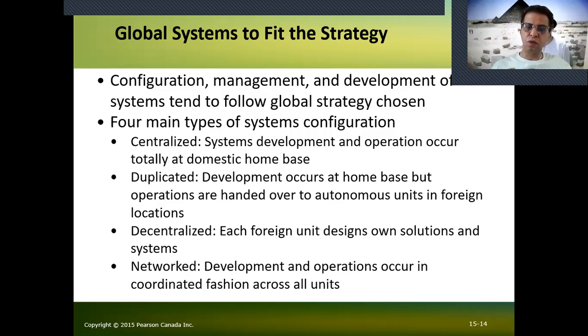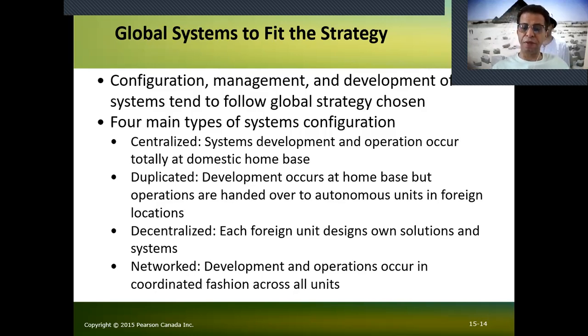Then you have the duplicated, where development occurs at the home base, but operation is handed over to autonomous units in foreign locations. We see that in franchises like McDonald's. Then we have the decentralized, where each foreign unit designs its own solution and system, as we see in the CRM of Ford and GM.